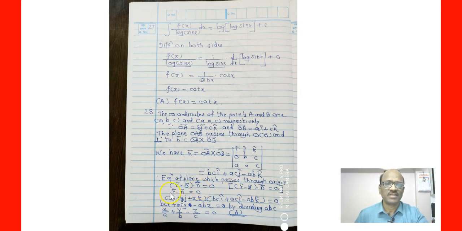But what is the value of r bar? R bar is x i plus y j plus z k, in brackets, dot bc i plus ac j minus ab k, and take their dot products, then you will get x into bc, y into ac, and z minus z into ab. Divide on both sides by abc, then you will get x upon a plus y upon b minus z upon c, and hence option A is correct.